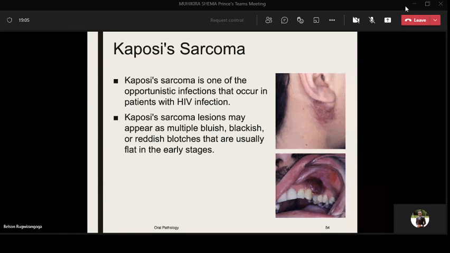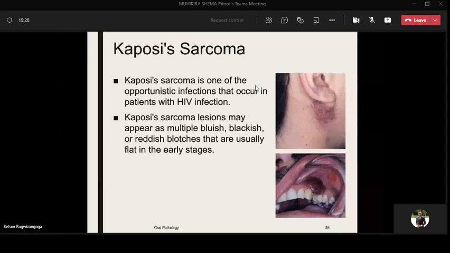So on morphology also, it has many types, stages. The first stage of Kaposi sarcoma, you will see it looks like a plaque. So it is not very nodular. It is just a discoloration. Then after some time you find it has risen, raising the surface, and as it stays for longer, it becomes nodular, like what we see here on the gum.